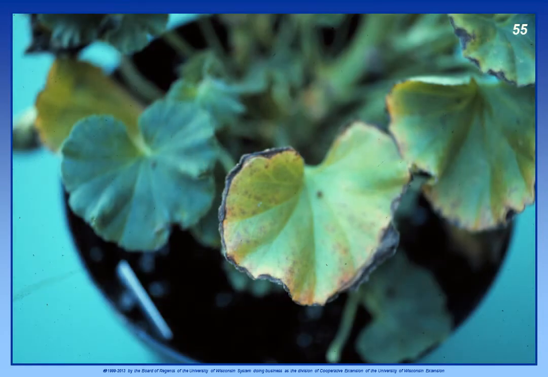Sometimes pesticide issues are not due to herbicides but are due to fungicides, and this is somewhat ironic because you are supposed to be applying fungicides to help prevent disease issues. In this particular case, we had a greenhouse grower who was growing geraniums. The grower was very concerned about having a root rot problem and decided to use a product called Banrot. Banrot is a great product for controlling root rots in greenhouse grown plants.